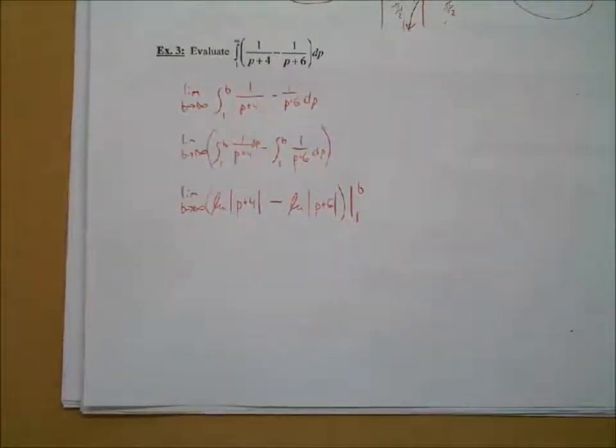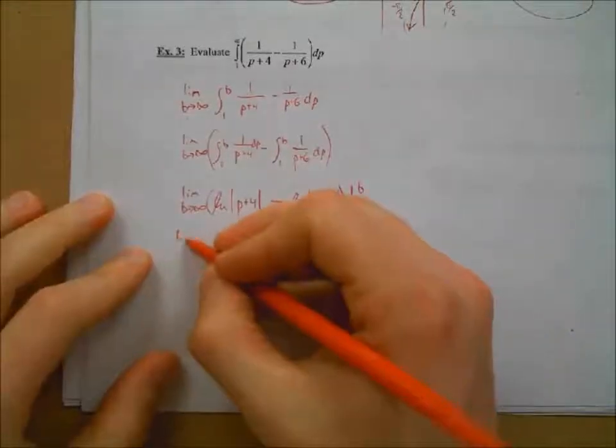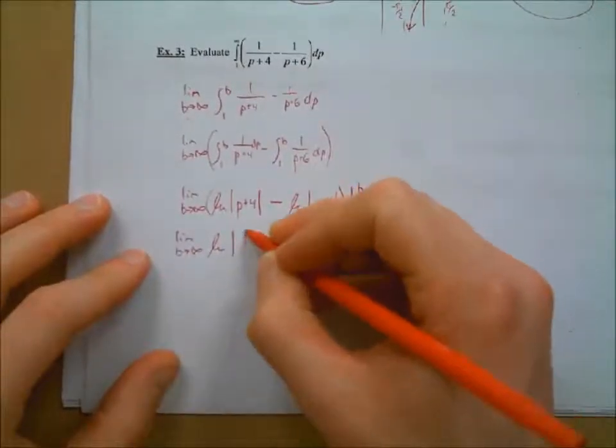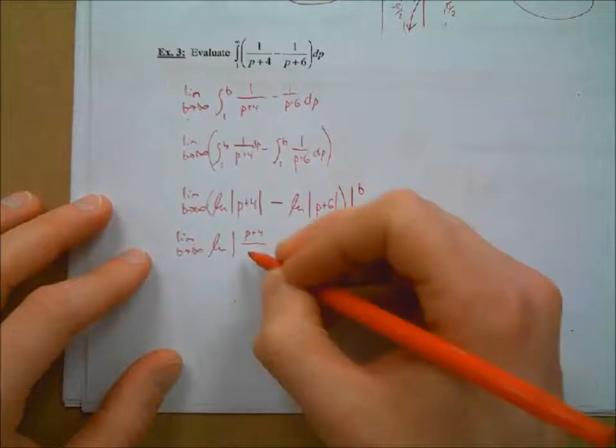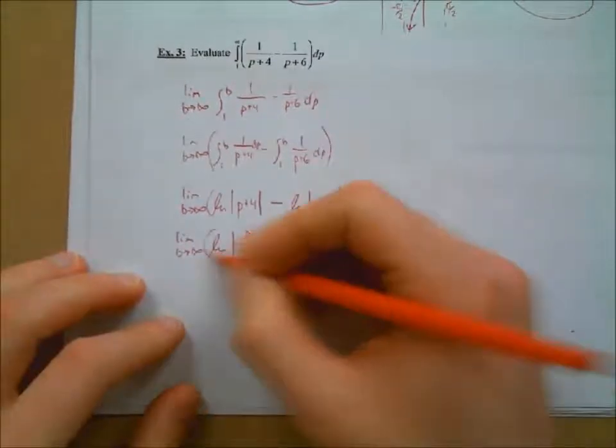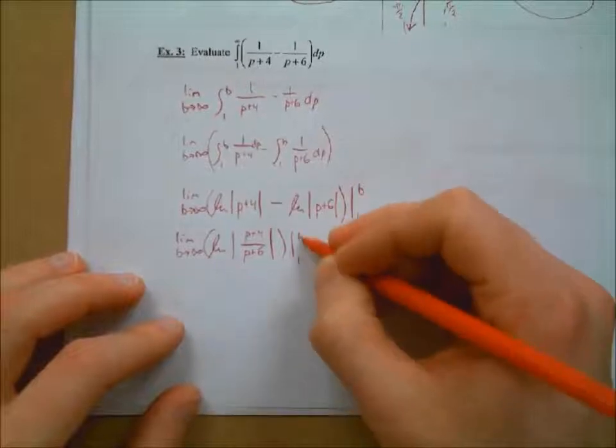Now, because we're subtracting these two natural logs, we could combine them. When you have subtraction between two natural logs, we can make that what? Division. That's right, division. So let's go ahead and do that here. Make it a single natural log, which might help us out: p plus 4 over p plus 6. And we'll evaluate that again from 1 to b.